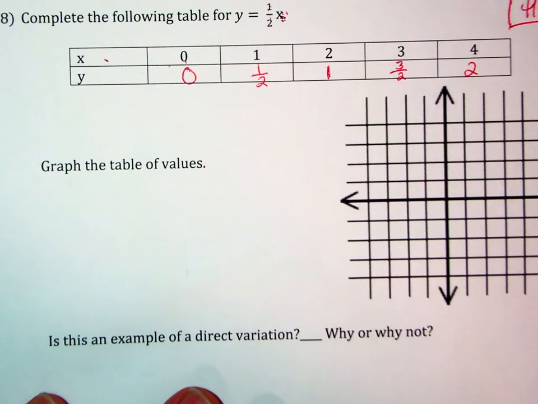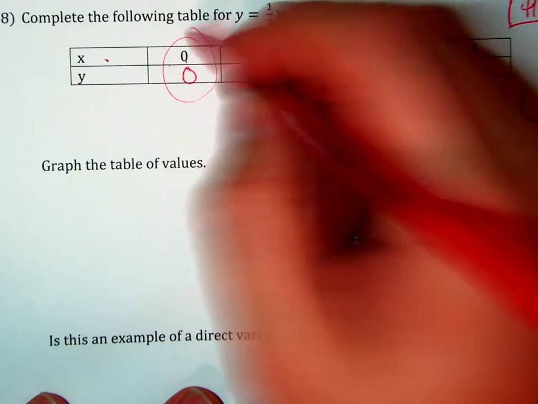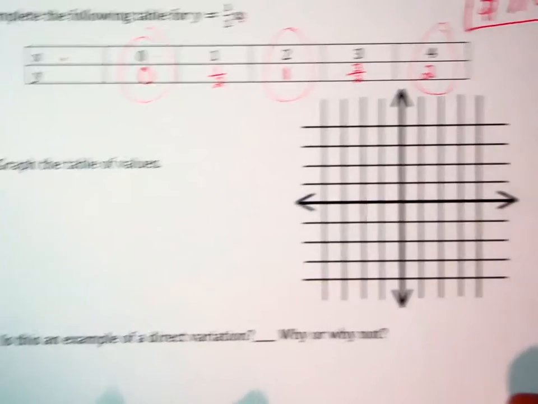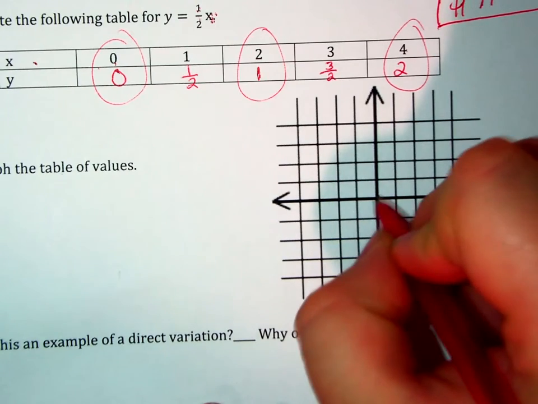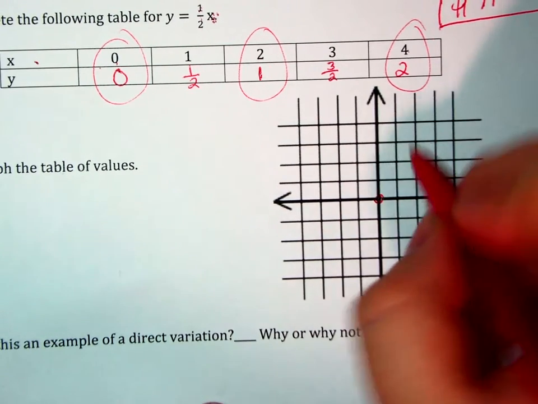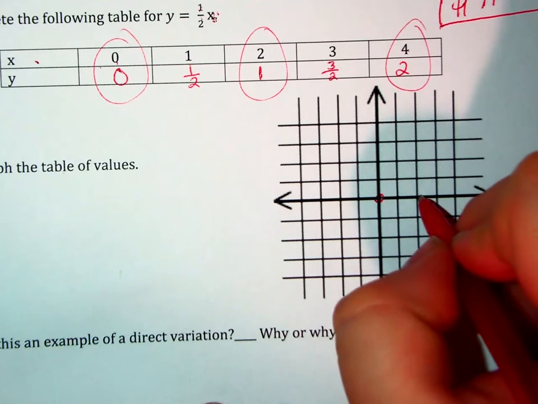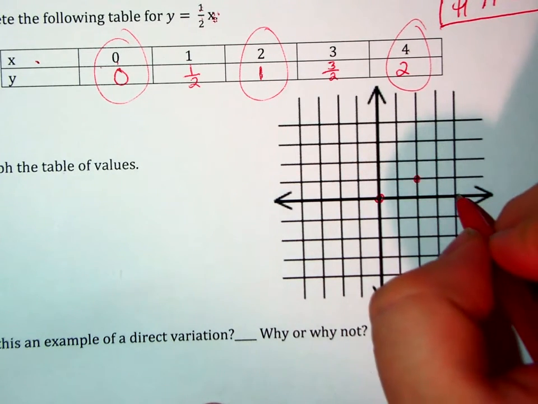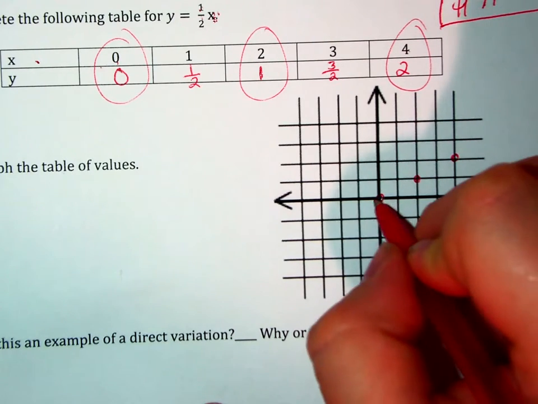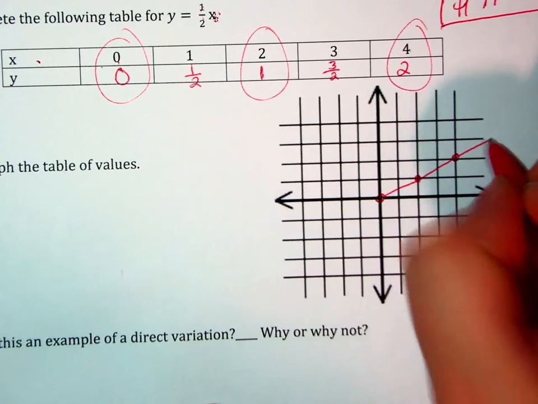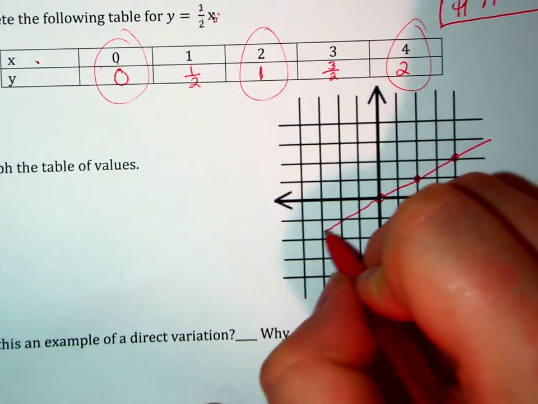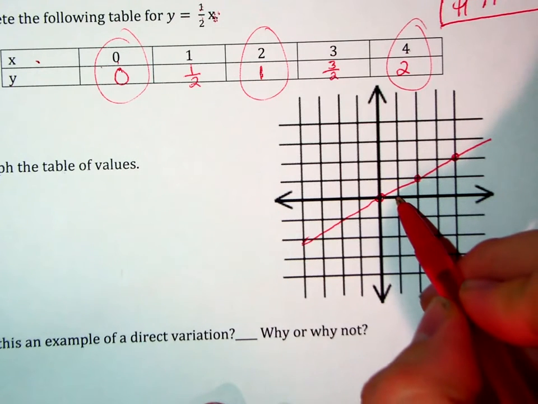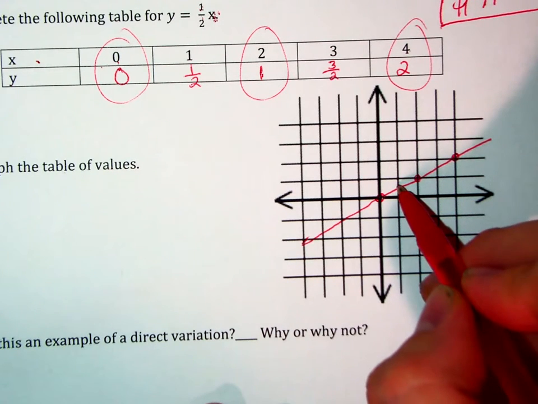And remember, we discussed in class, it's going to be far easier to graph whole numbers. So those three sets of data are going to be my easiest to graph. So I'm going to put 0, 0 on the graph. I'm going to graph an x of 2, a y of 1, an x of 4, a y of 2, and so if we look at my x of 1, recognize that we would go up a y of 1/2.